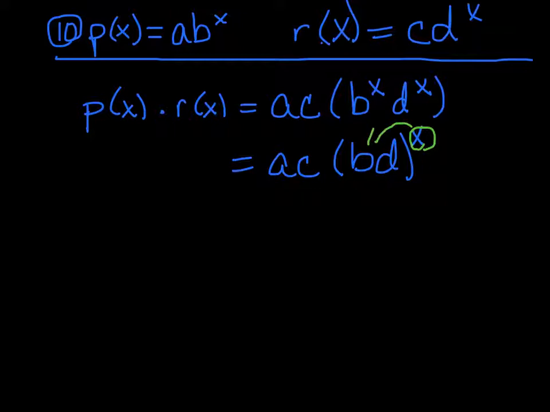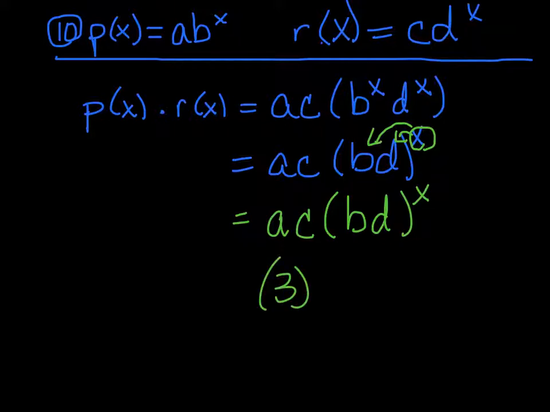So let me go backwards. So that means that would be b to the x, and then that would also be d to the x. Okay? So then, let me rewrite this again so you can see if I factor out the constants, I can rewrite the bases that are raised to the x power together with that exponent on the outside. And that is choice 3.